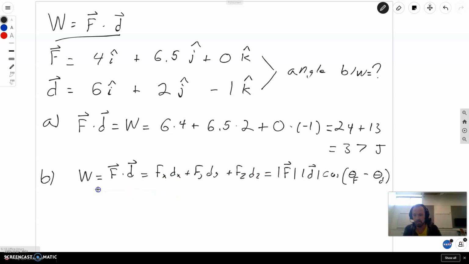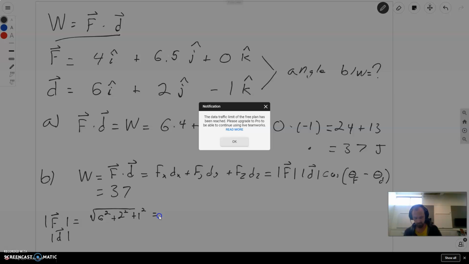I know this whole thing has to equal 37, because I already evaluated this one. So I'm going to need the magnitude of F and the magnitude of D. The magnitude of D equals the square root of 6 squared plus 2 squared plus 1 squared, which is the square root of 41, which is 6.4.